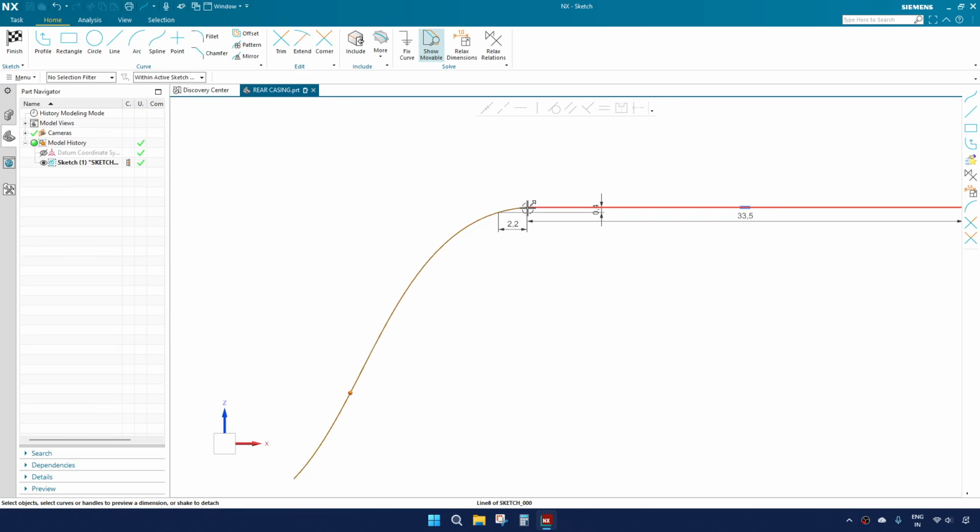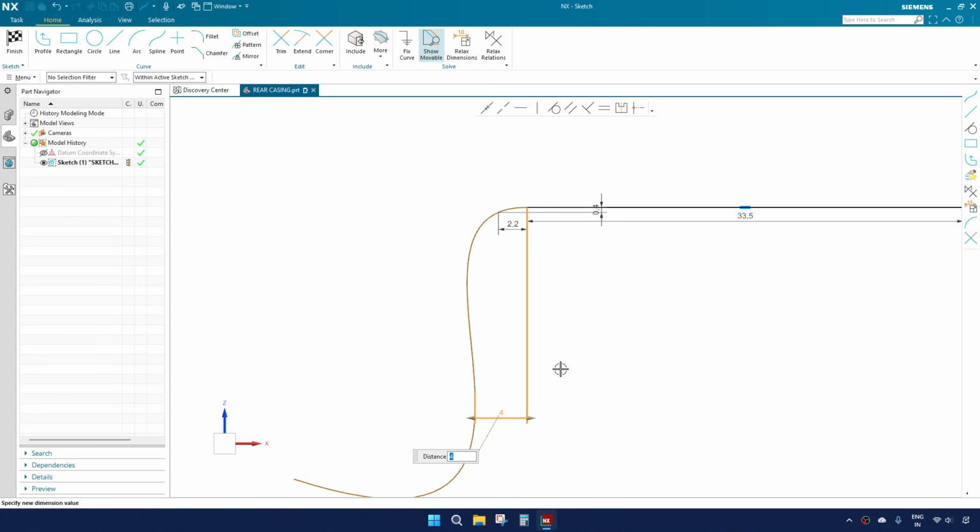The next point, horizontal dimension is 4. The vertical dimension is 1.6.